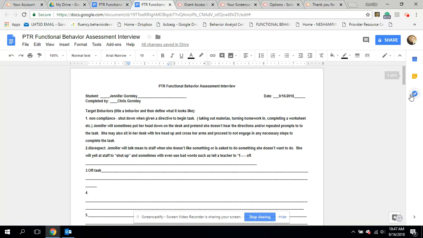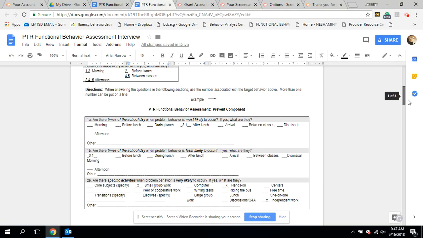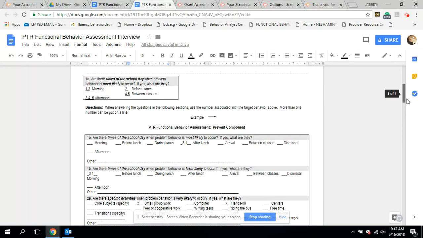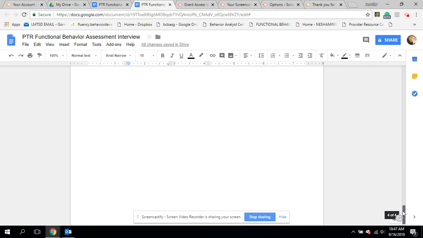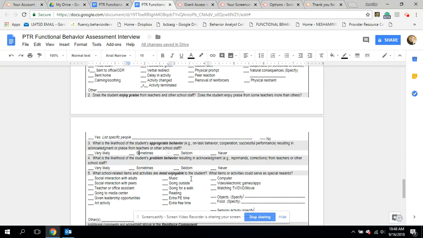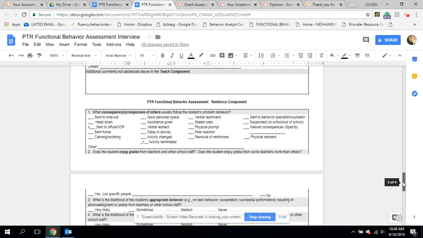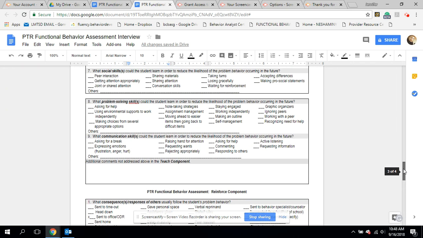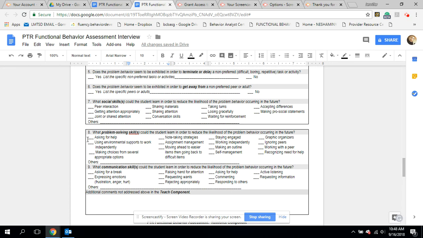And I just want to close out by saying, if from this point on, after the behavior part, and we get down to the prevent component down here, you're not able to answer any of these questions from here on below, do not worry. Or if you're only able to answer maybe what's enjoyable to the student, or maybe only these areas of what social skills they could use or problem solving skills, that's fine.